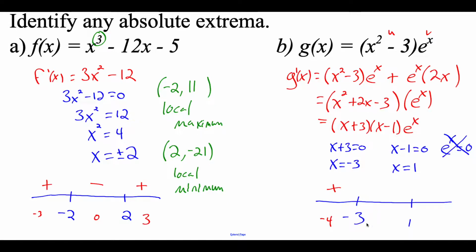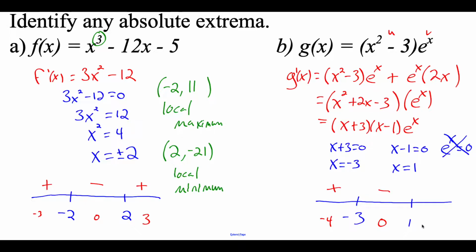Then if we want to test something between negative 3 and 1, maybe we choose to test 0. Again, I would store key that 0 in my calculator and then type out the derivative. And when we do that, we're going to get negative 3 as our answer. Again, the actual number itself doesn't matter, just the sign. This is a negative interval.